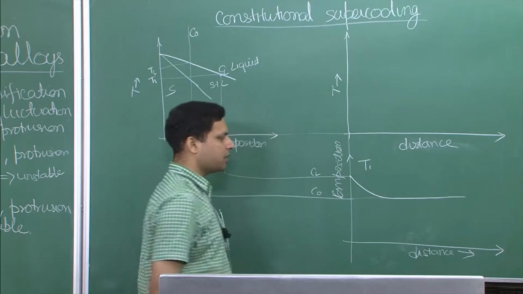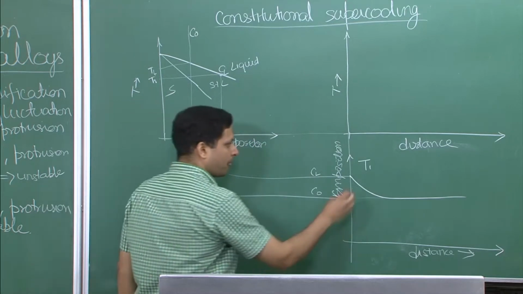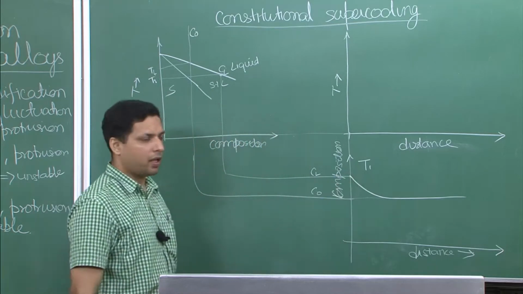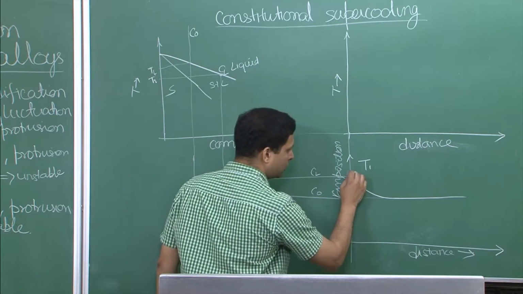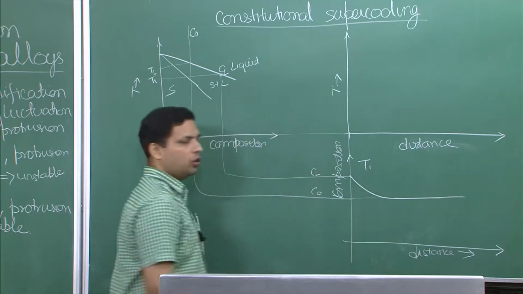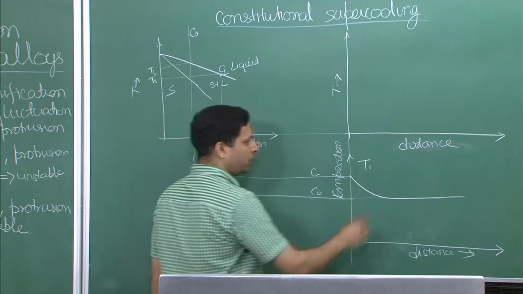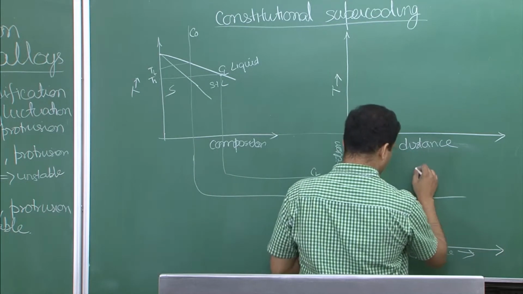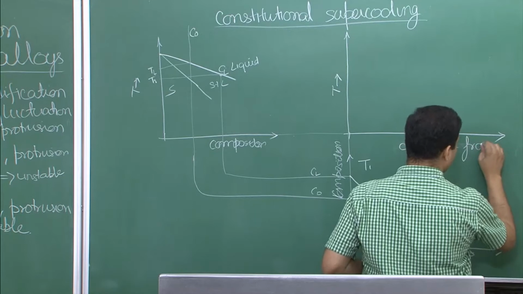At very large distance it is equal to C naught, just at the interface it is equal to Cl, and this is the distance into the melt, the distance from the solidification front.